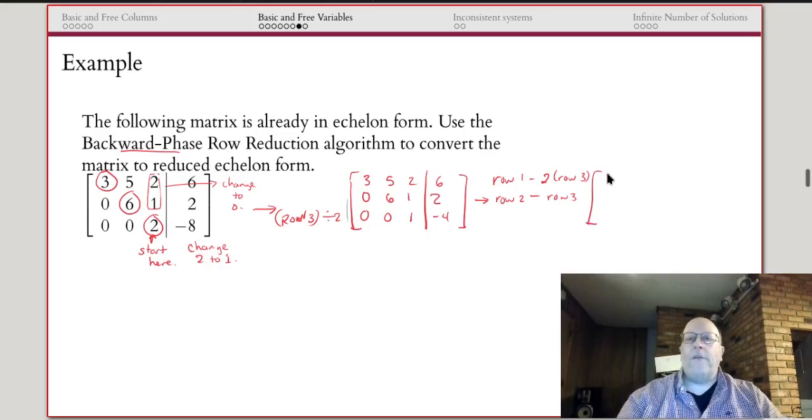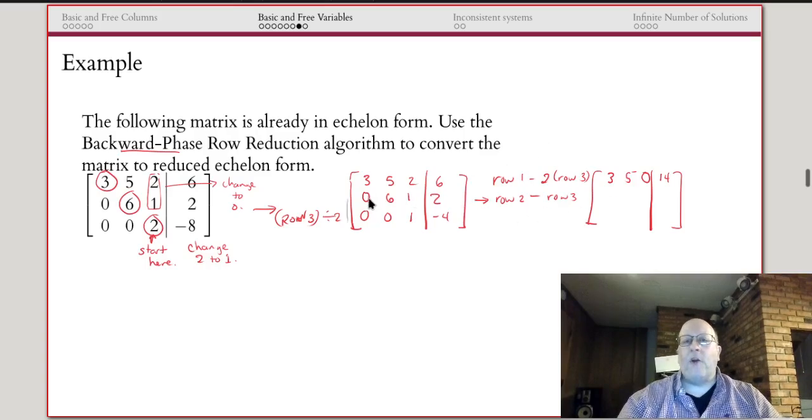So that's going to give us 3, 5, because I'm subtracting zeros from those. 2 minus 2 is 0. 6 minus a negative 8 is 14. It's negative 2 times negative 4 is positive 8. That makes it a 14.